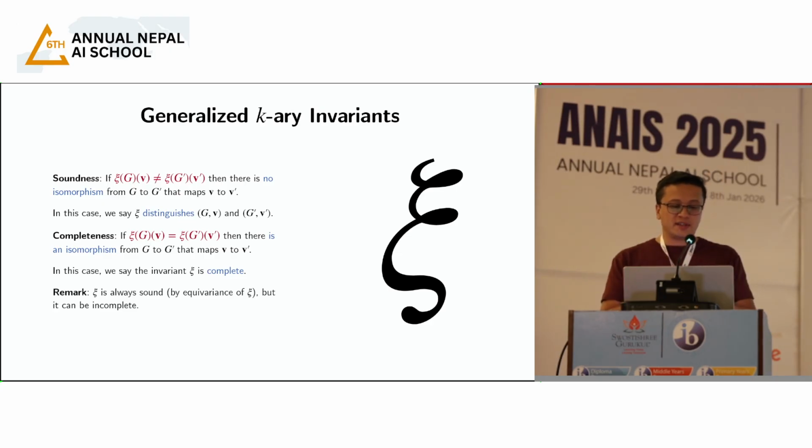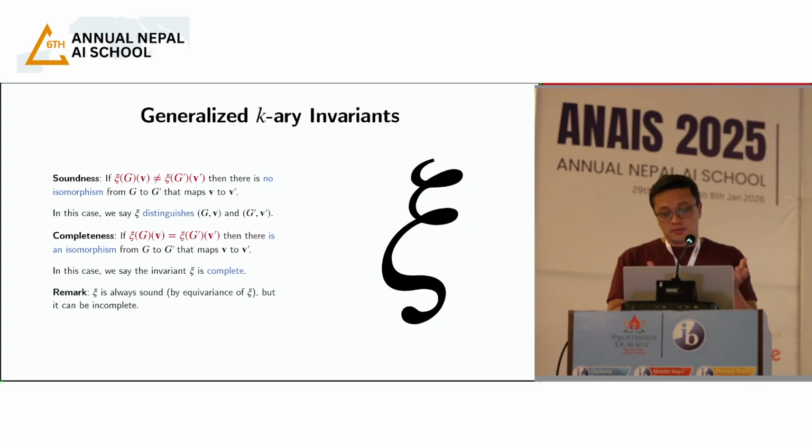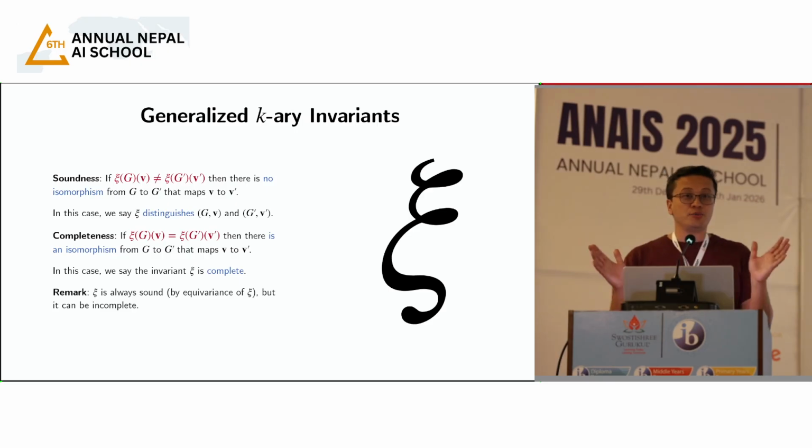If both of them are satisfied, then we say it is sound and complete. The k-ary invariant, by definition, is always sound, but it can be incomplete, much like the 1-WL test. Just because we are computing k-ary invariants doesn't mean that it's going to be complete.